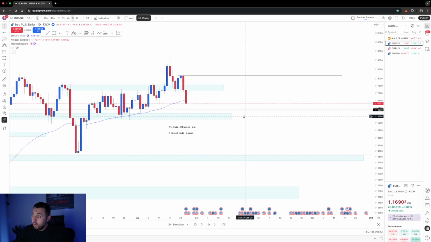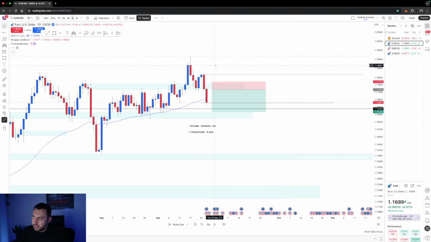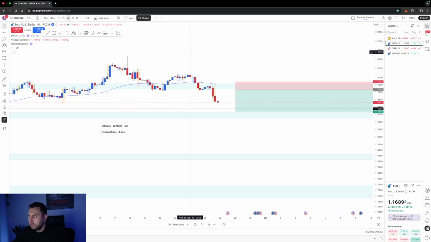So what I would expect is for the price to get here in this area of interest and push down until this zone. So maybe I can catch this trade. Let's see. So it will be something like this. Something like this.